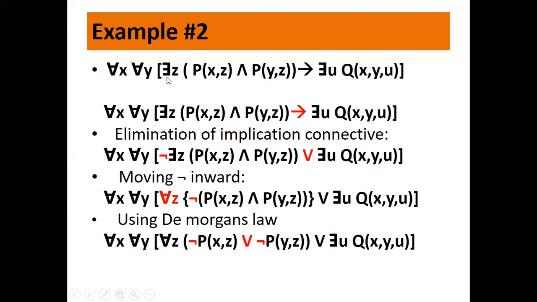This is the scope of the universal quantifier. And the scope of the existential quantifier, that is there exists z, is given in the round braces, and it is limited to this. I hope the scope is clear. Here it is only limited to Q.